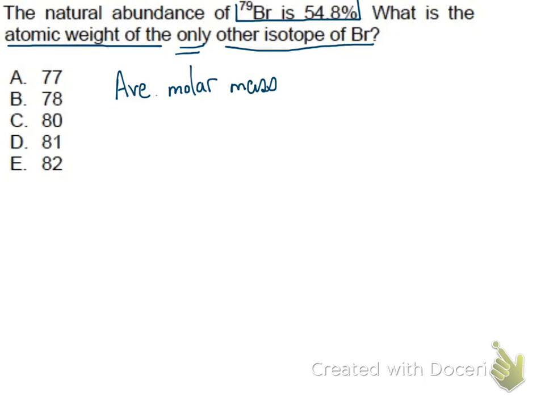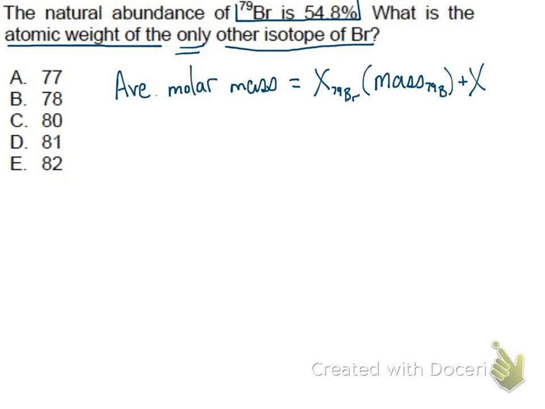That average molar mass, we know from class, is just going to be equal to the fraction of our 2 isotopes. So we'll have the fraction of bromine 79, the one that we know about, times its mass, plus the other isotope.